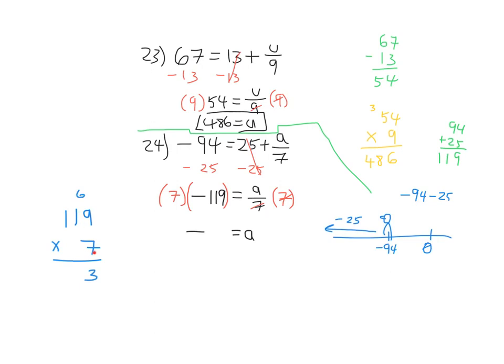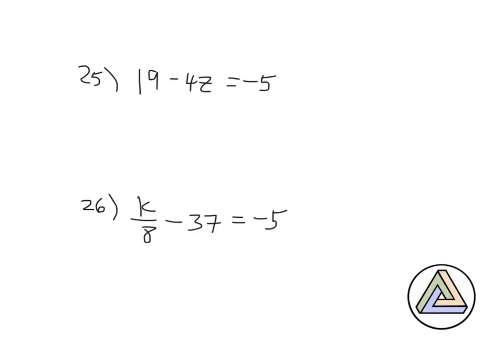Then 1 times 7 is 7, plus 6 is 13. So once again a units digit of 3, but this time we carry a 1. Then 1 times 7 is 7, plus 1 is 8. Hopefully I did that right. There's always a chance I made a careless mistake, but I don't think I did. So 119 times 7 is 833. So it's going to be negative 833.